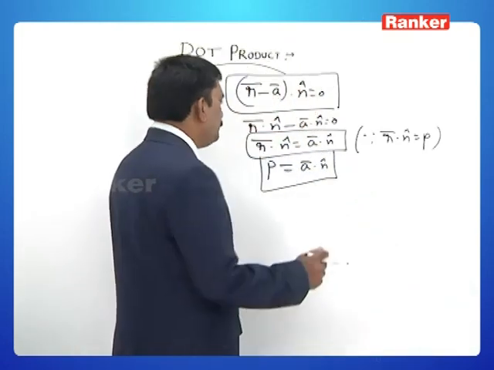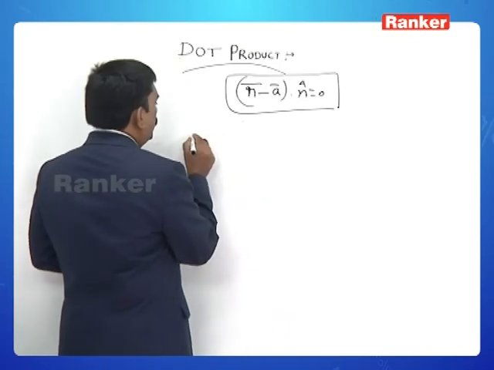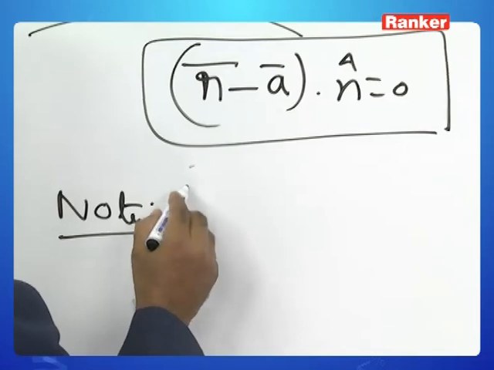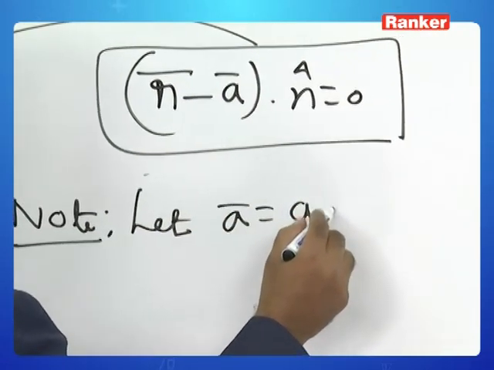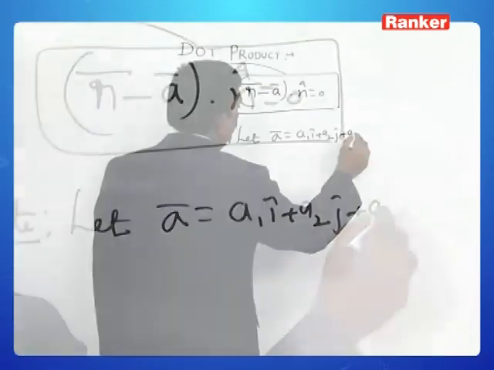Now this is a vector equation. I want a result of it. Let A bar be equal to A1 i plus A2 j plus A3 k.